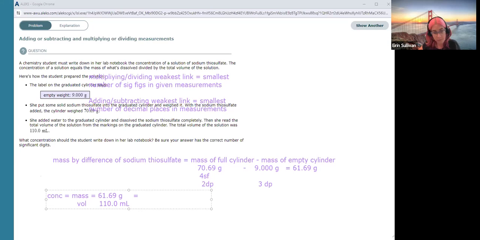So 61.69 divided by 110 should give me a concentration of 0.5608188181 and so on, in grams per milliliter. I think that's what we're asked for. In terms of significant digits, we shouldn't go any more than 4, so 4 significant digits. Okay, that will do for that.